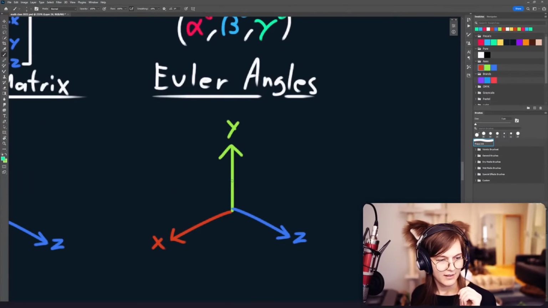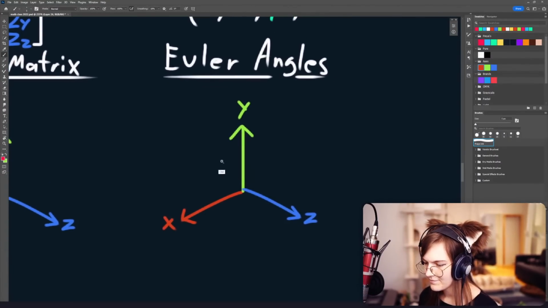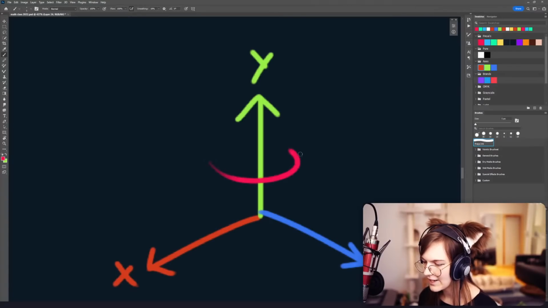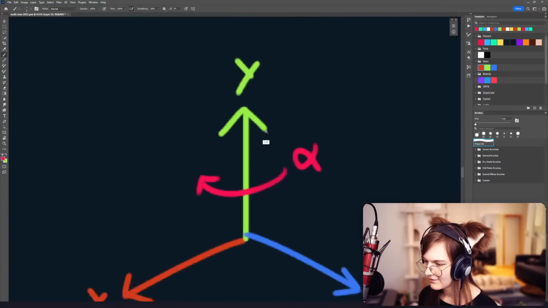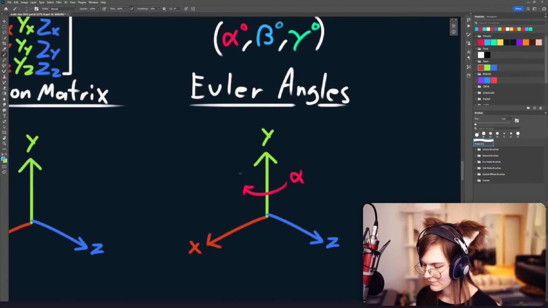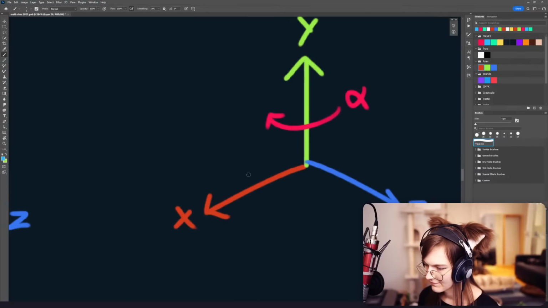And so I don't even know how to draw this, but it's doing the y-axis first. So it's doing some sort of alpha rotation. That's the wrong direction. So alpha. And then it rotates around the x-axis. That's not the color for x.